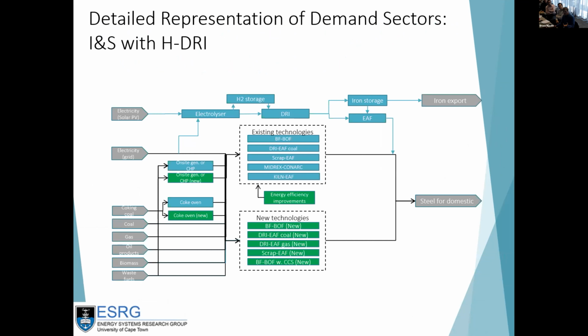And we can represent certain sectors in quite a lot of detail, with competition and also representation of the existing stock and its retirement profile. Here, for example, we have the iron and steel sector representation in the model, including the new hydrogen-based production.